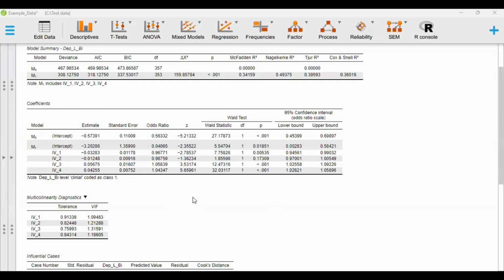So in this way, it gives a more practical measure of increasing the odds. You know that an odds ratio of 1 means no significant possibility, it's 50-50. It's just by chance that someone can be depressed or not depressed.